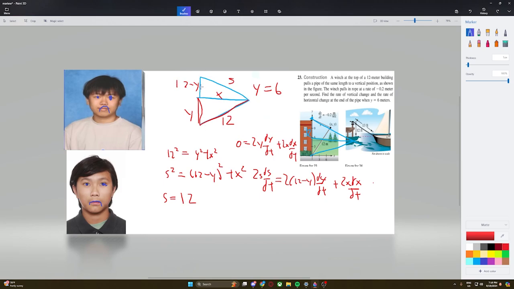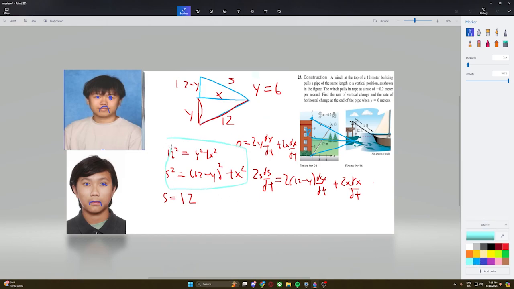The height between the winch and the edge of the pipe is 12 minus y. The height of the pipe is y, and they share an x value. They're all right triangles, so you can write Pythagoras right here.